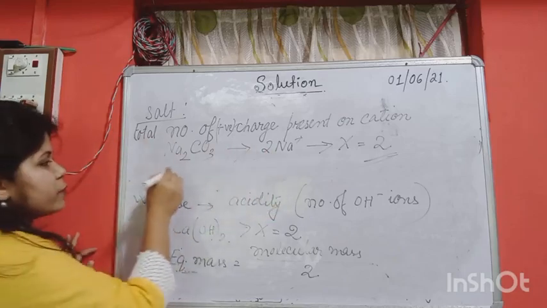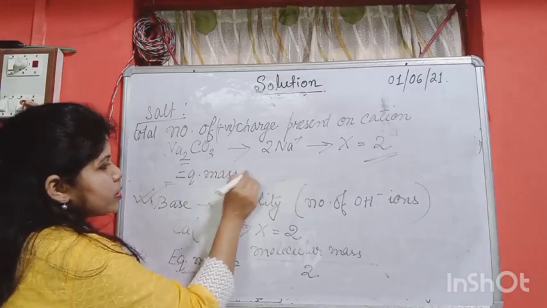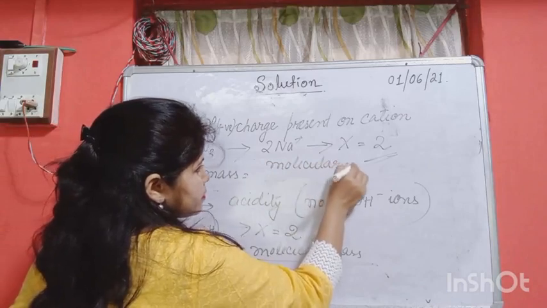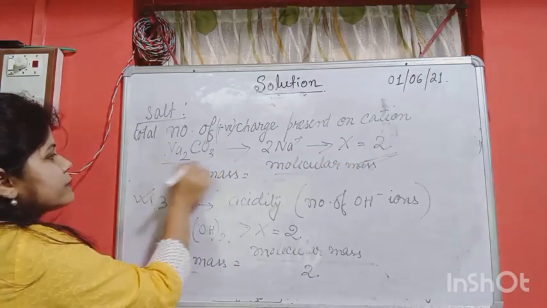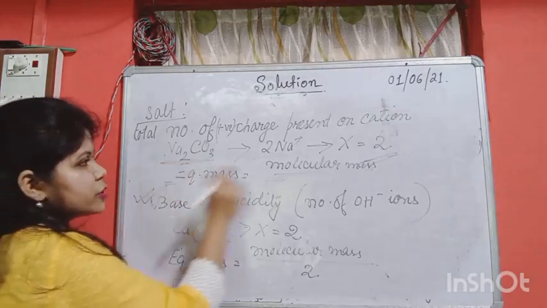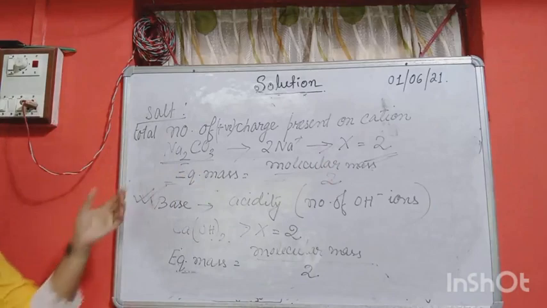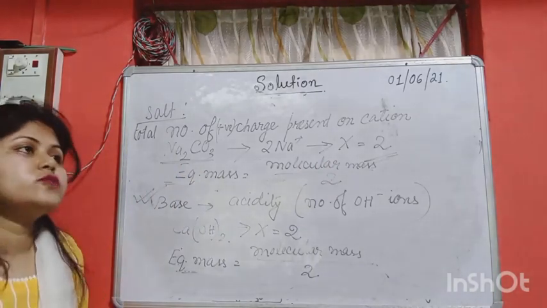The equivalent mass formula will be equivalent mass equals molecular mass divided by the valency factor of that salt. For Na2CO3, the valency factor is 2.